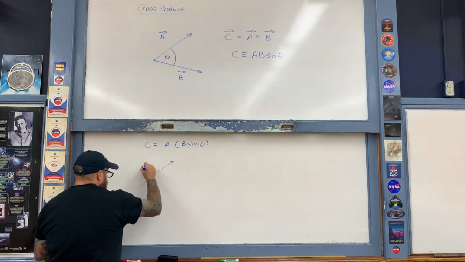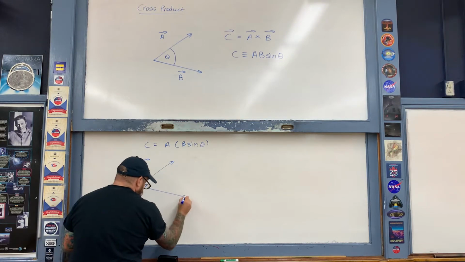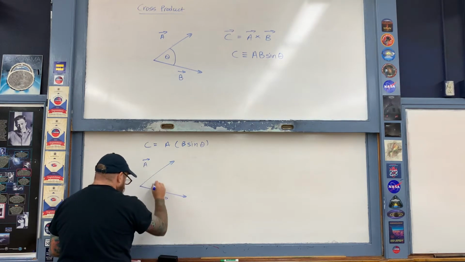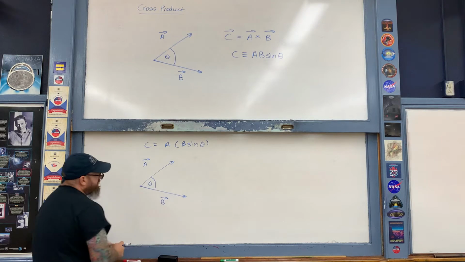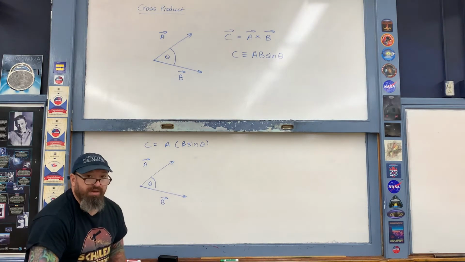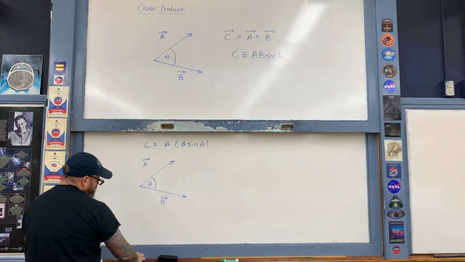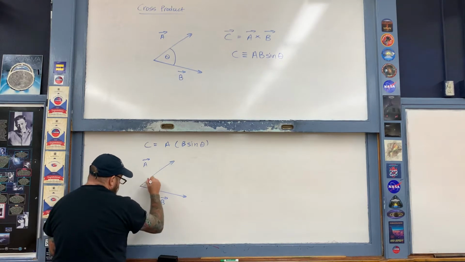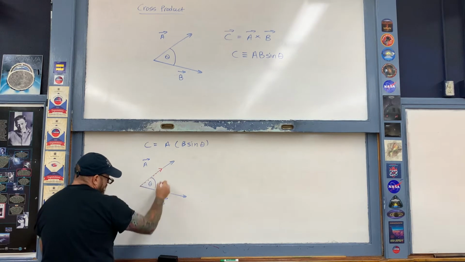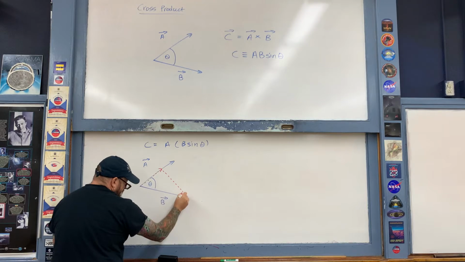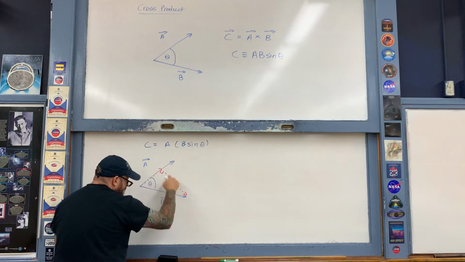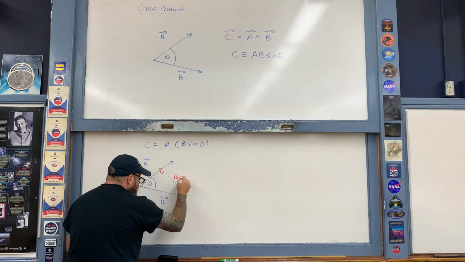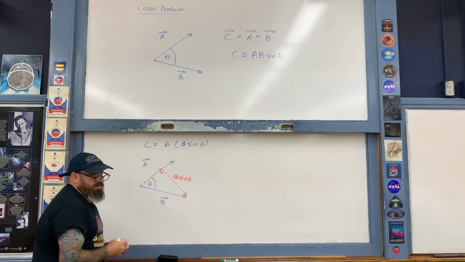So here is the A from before, here is the B like so, and then right here is the angle theta. And now what I'm going to do is take the vector B and break that into components. I'm going to break it into a component that is parallel to A, and then right here perpendicular to A, like so. And then this perpendicular component, this is the B sine theta.